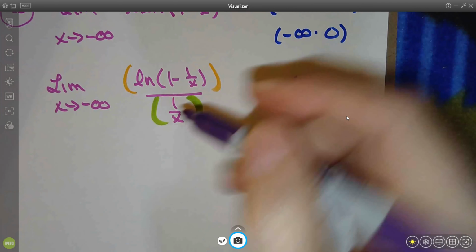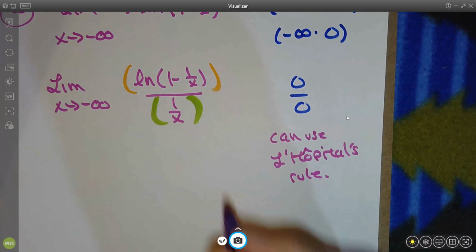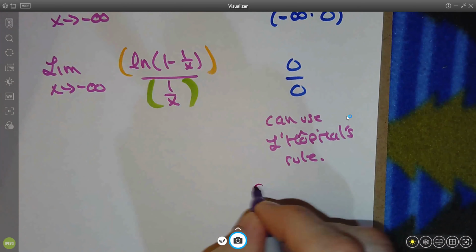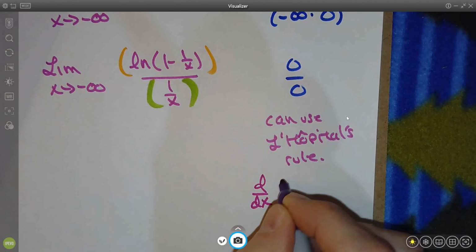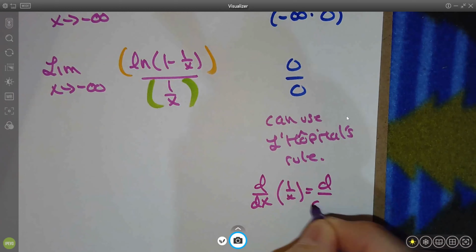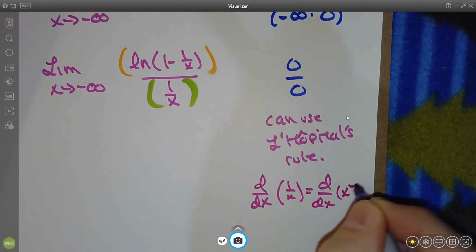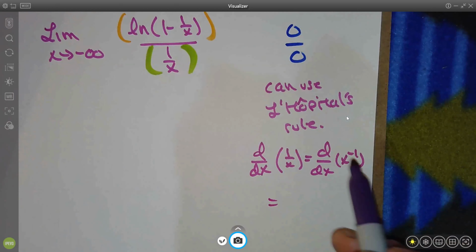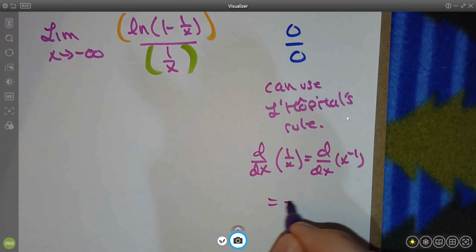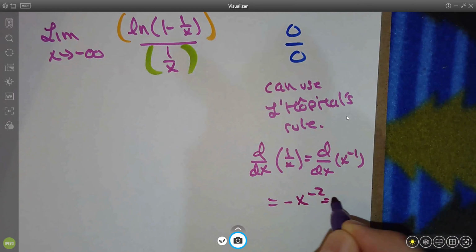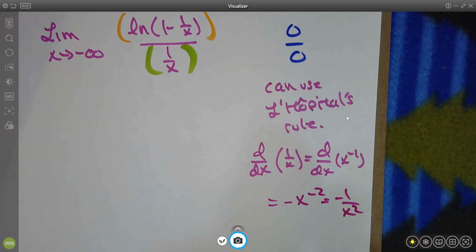Let's find some derivatives here. As far as finding the derivatives is concerned, let me do this part over here. d by dx of 1 over x is really the derivative of x to the negative first. And that's negative x to the negative second, or negative 1 over x squared.